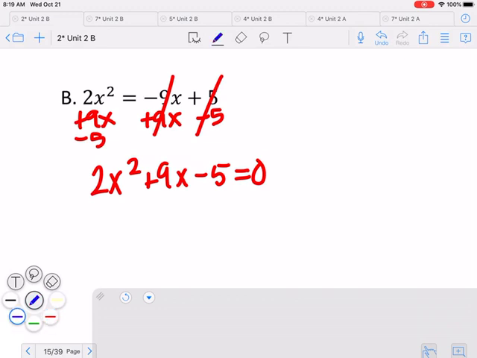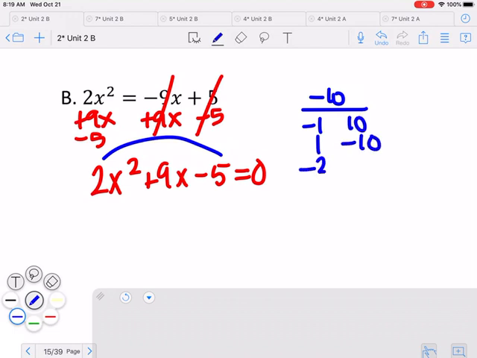This is the bigger kind because a is greater than 1. 2 times negative 5 is negative 10. Factors of negative 10. Negative 1 times 10, or 1 times negative 10. Negative 2 times 5, or 2 times negative 5. We need the pair that adds to positive 9. So negative 1 and positive 10.